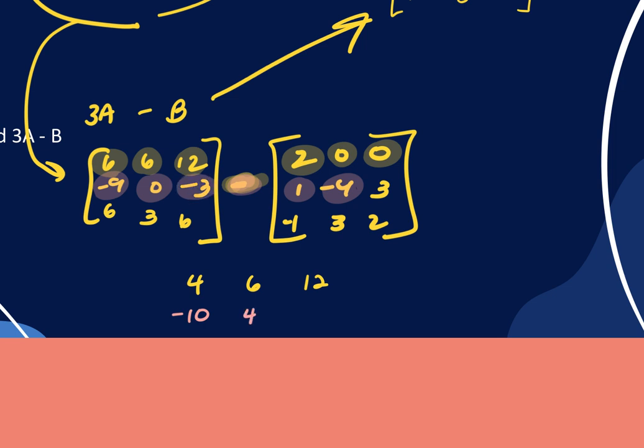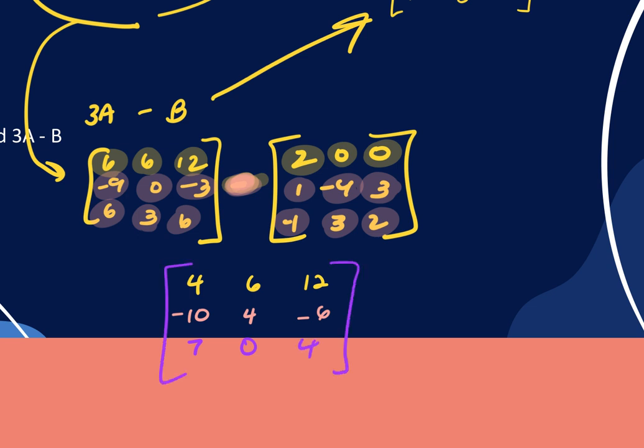It would be -3 minus 3, which is -6. And then I'd go to the next row. 6 minus -1, minus a negative becomes positive. That's 7. 3 minus 3, 0. And 6 minus 2, 4.